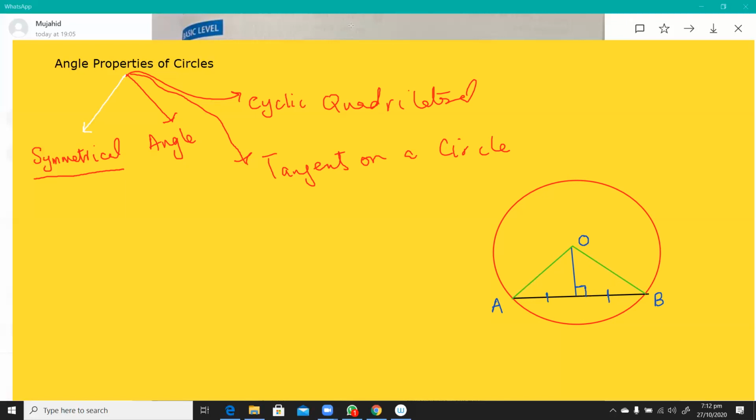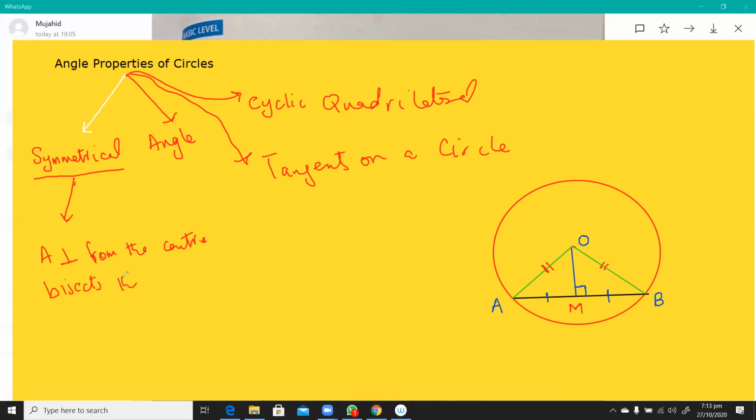You should know that an isosceles triangle has a line of symmetry. Let me call this OM. This OM becomes the line of symmetry. That is why this is the first symmetrical property of the circles, that a perpendicular from the center bisects the chord.